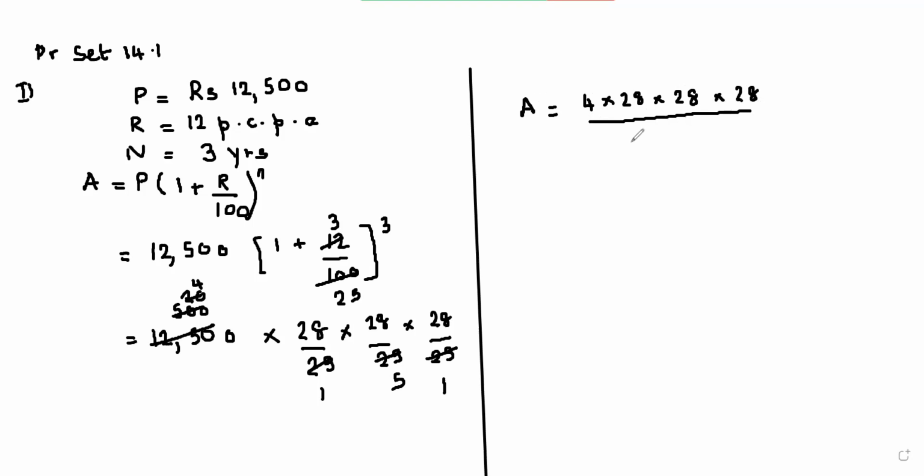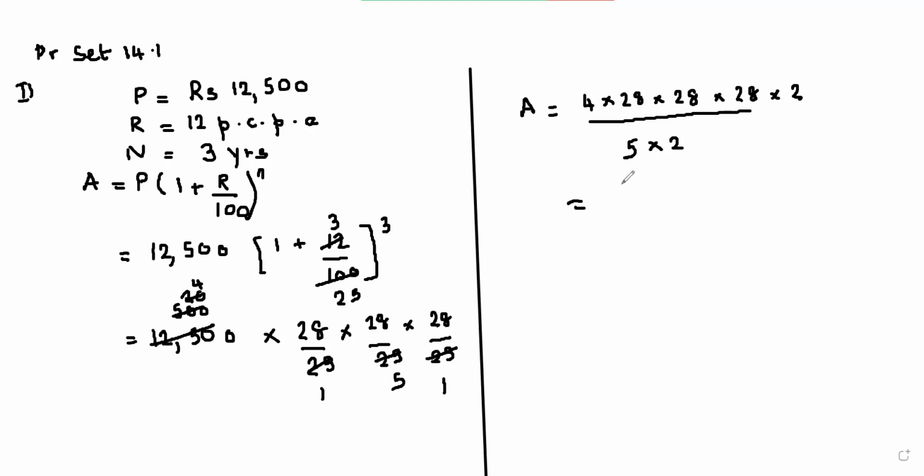Now, as I told you, instead of dividing by 5, I can multiply this by 2 and divide by 10. So this also, because it's easier to divide when there is 10 over there, right? So now you multiply 8 into 28 into 28 into 28.